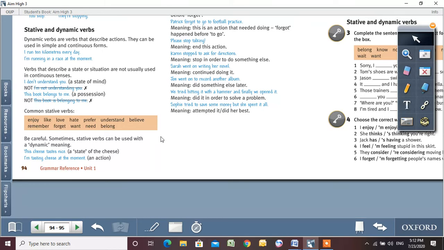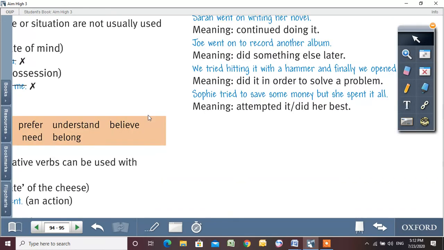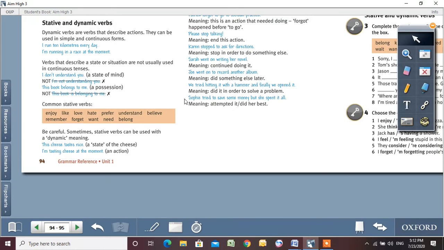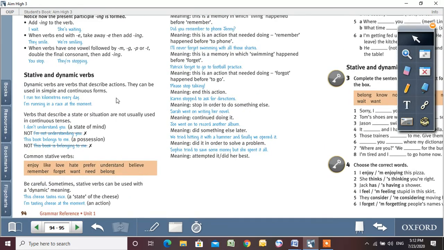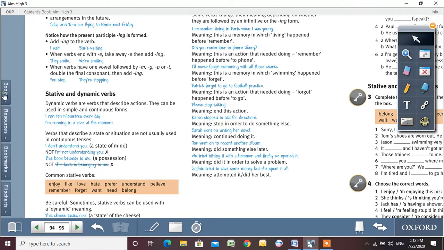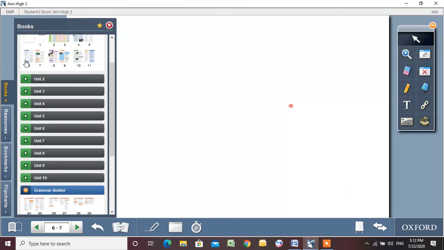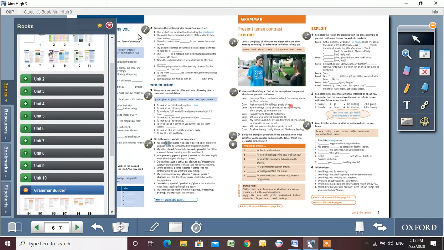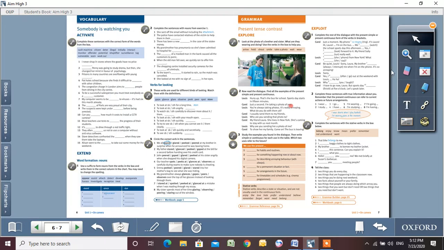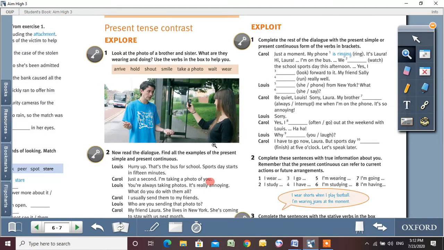Now let's go to your book and answer the exercise. Present tense contrast.